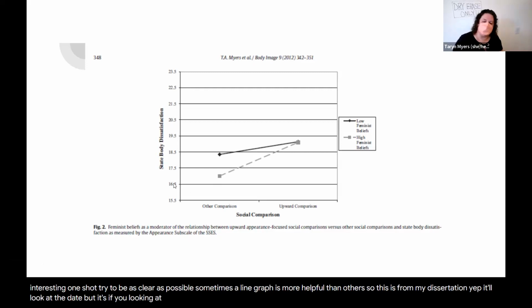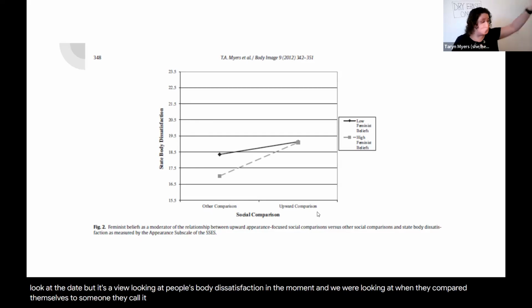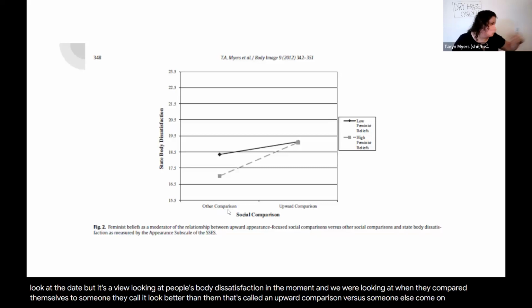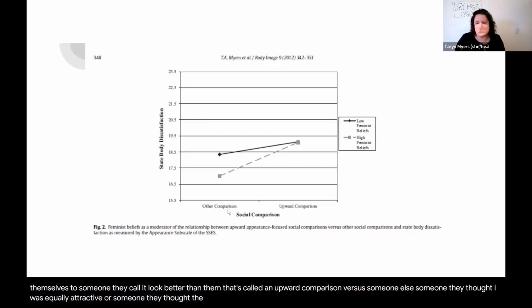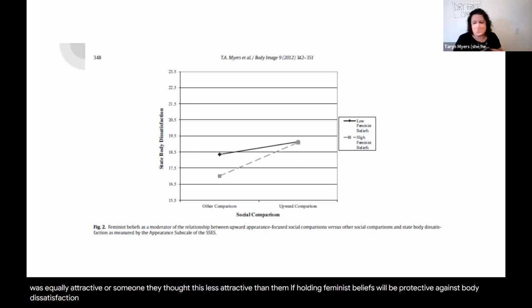And so we were looking at people's body dissatisfaction in the moment. And we were looking at when they compared themselves to someone they thought looked better than them. That's called an upward comparison. Versus someone else, someone they thought was equally attractive or someone they thought was less attractive than them. And then I'm always interested to see if holding feminist beliefs will be protective against body dissatisfaction.